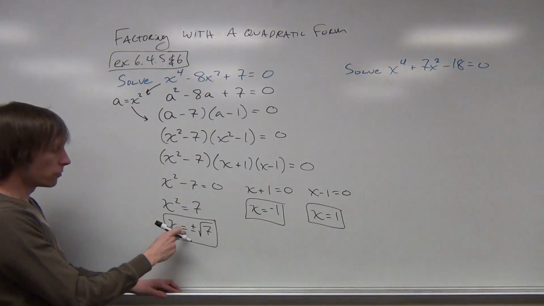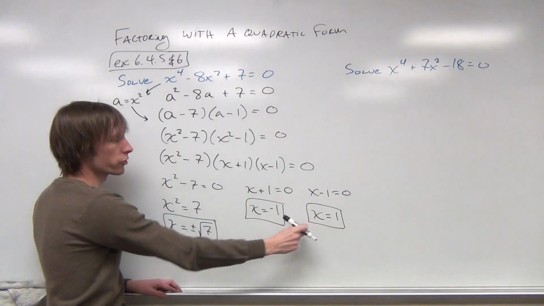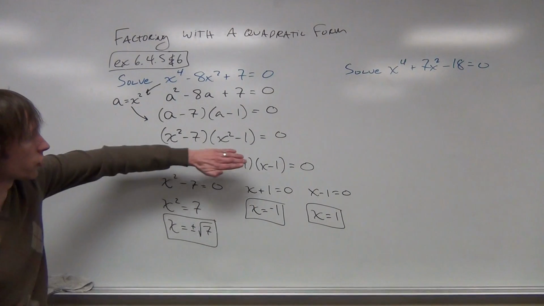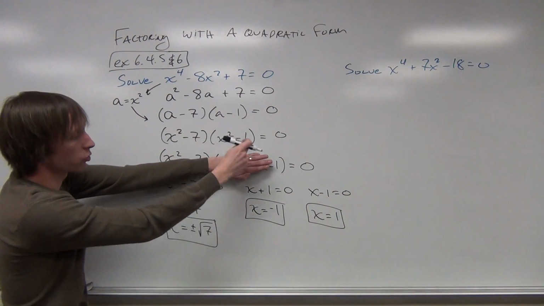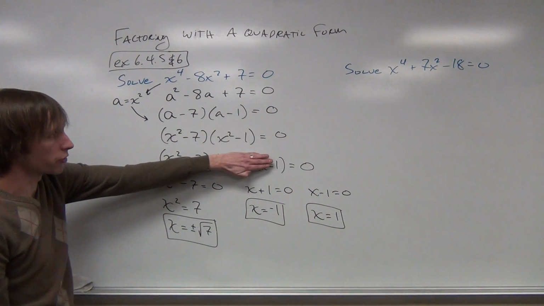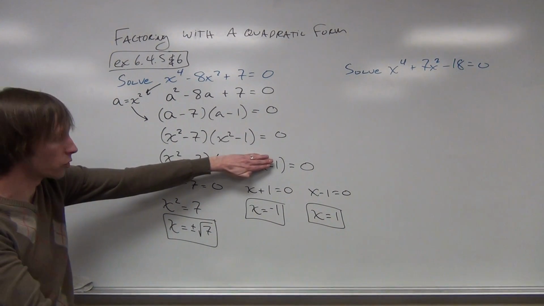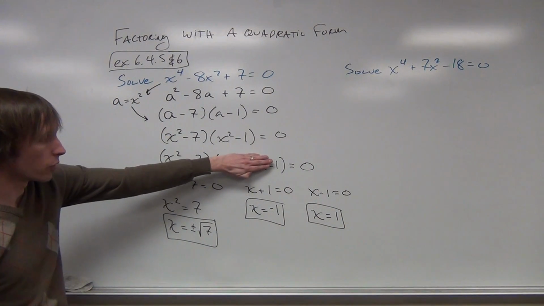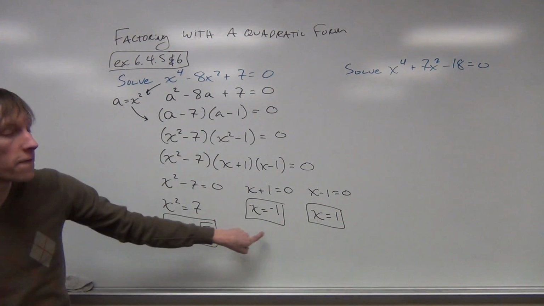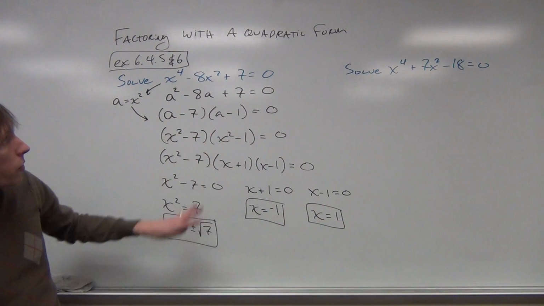So I have 2 solutions here, and I've got 2 more solutions here. Now, if you were just supposed to solve and you didn't have to factor all the way, you could have stopped right here and said x squared minus 1 equals 0, or x squared equals 1. Take the square root, x equals positive 1 and negative 1. So here are 4 solutions for our x to the fourth polynomial.